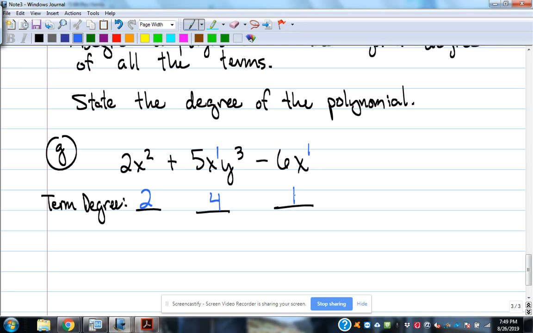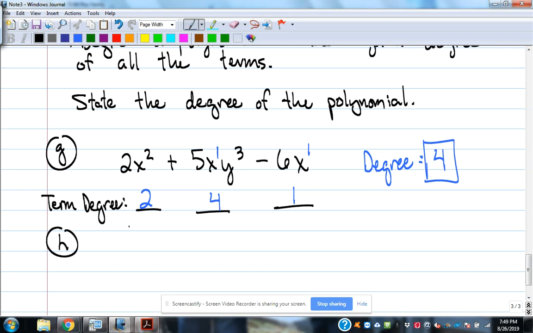So what's the degree of the polynomial? It's 4. Pick the highest of the terms. If you can find the degree of the terms, you can find the degree of the polynomial. Okay.